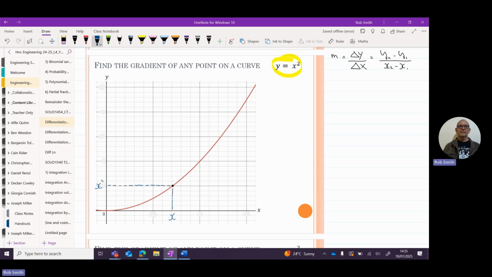We're okay with that. So the function says to find the value of y, I just need to square the value of x. Now I can create my first coordinate at this point here, which is going to be x, and the y value is going to be x squared.